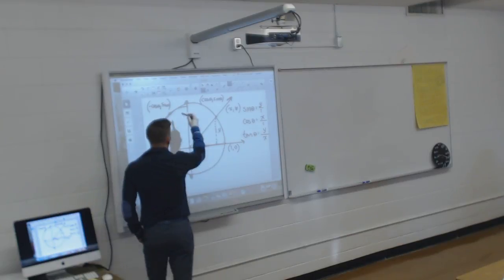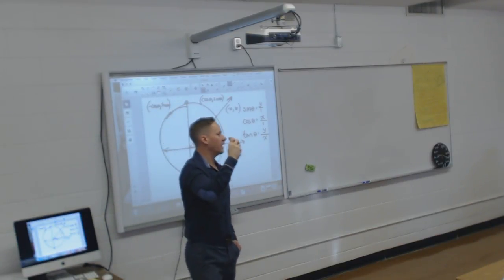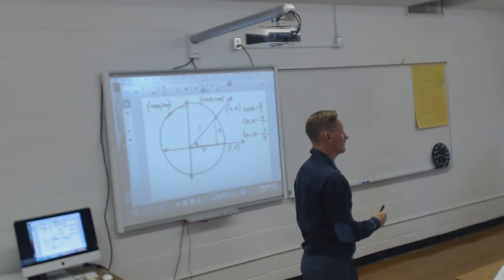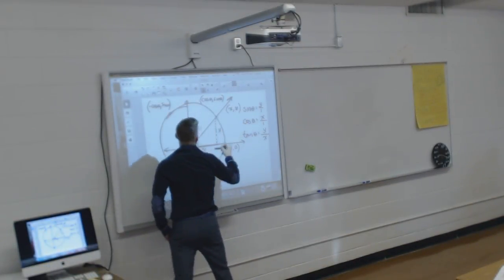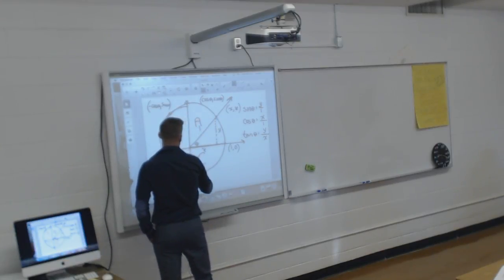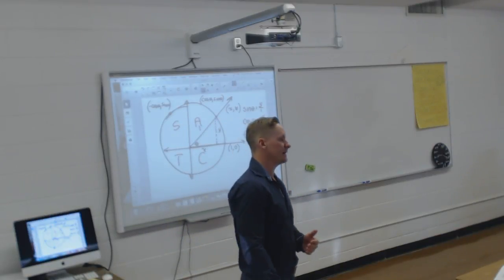Now, I can determine which of the trig ratios is positive and which is negative by doing this. Cast. All right, what does that mean to us?